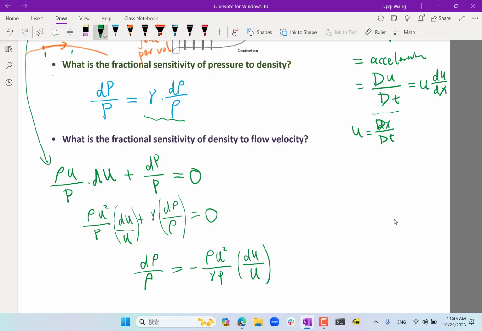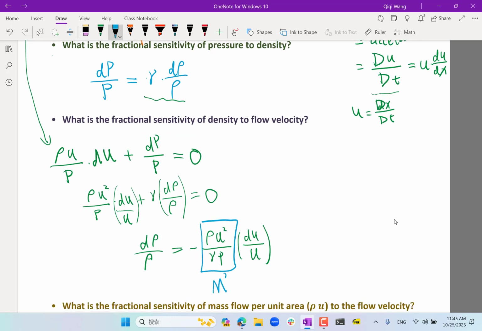And let's just call this number M squared, okay? It turns out to be the square of the Mach number, right? It turns out you can just say that rho u squared over gamma p is equal to the square of u divided by the square root of gamma p over rho, and the square root of gamma p over rho turns out to be the speed of sound.